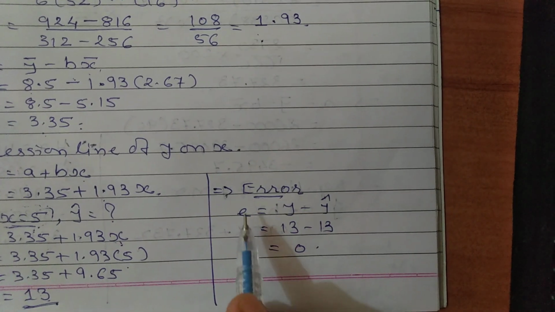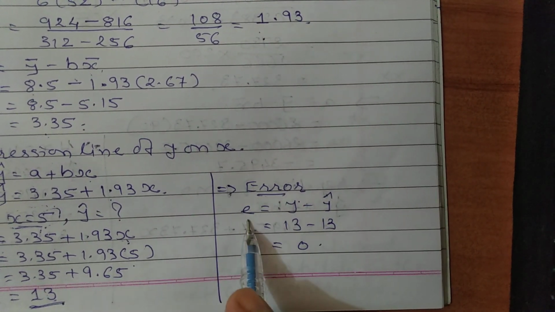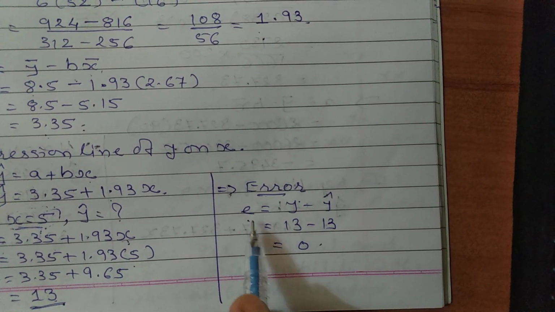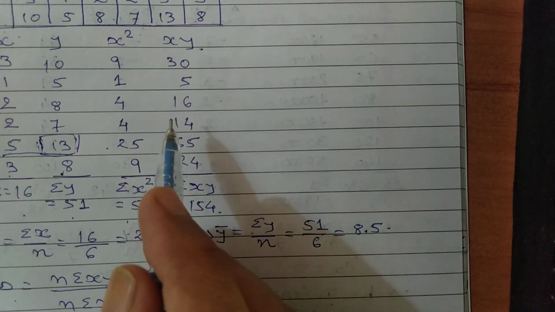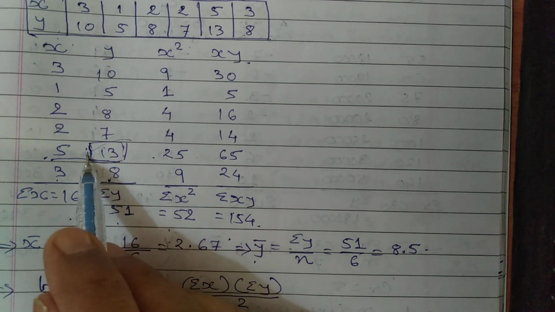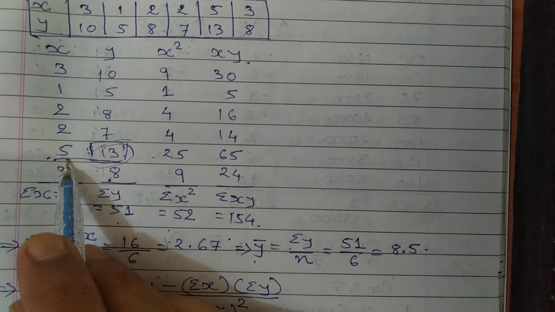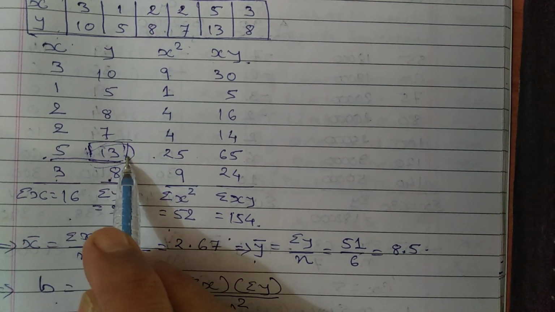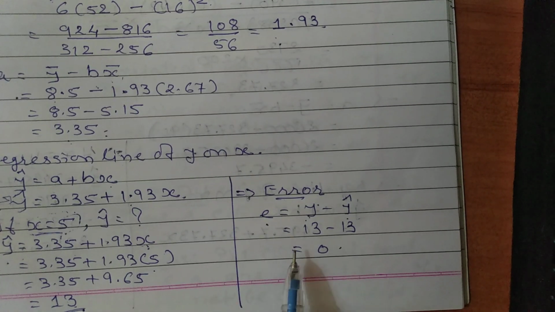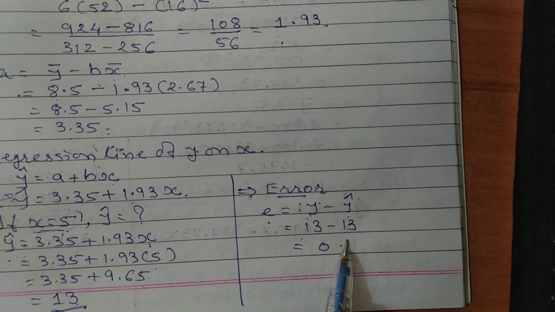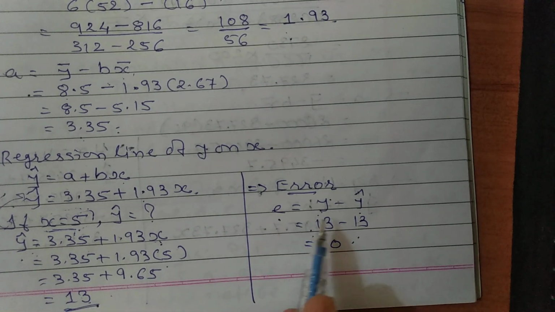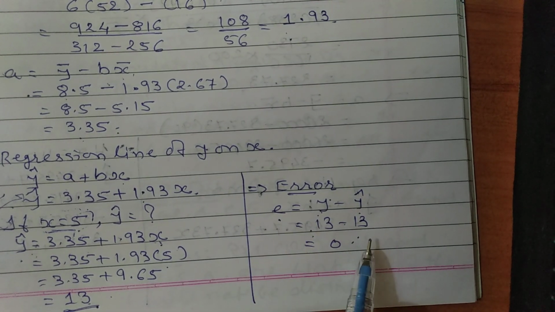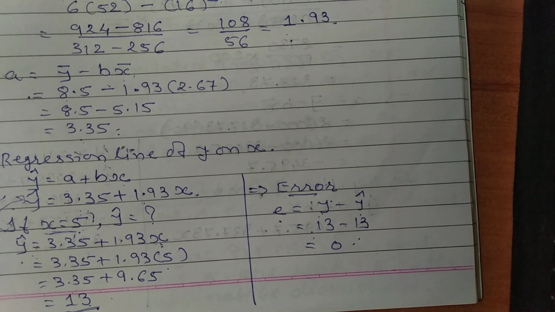The formula to find the error is E, that means error, is equal to y minus y cap. Y is the value of y at x equal to 5, that is 13. That means y minus y cap: y is 13, y cap is also 13. That means 13 minus 13 is equal to 0.